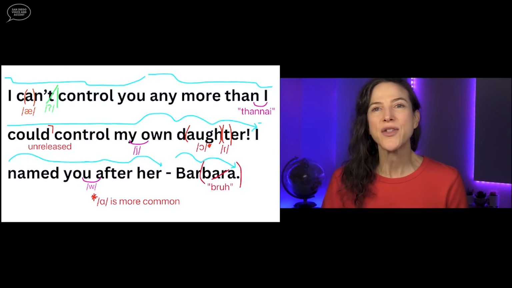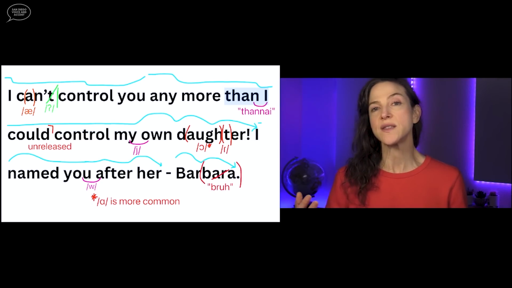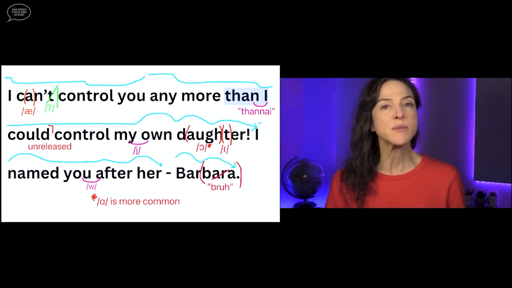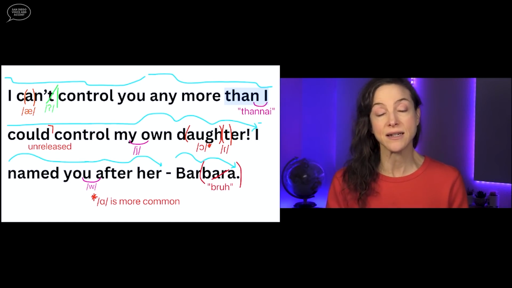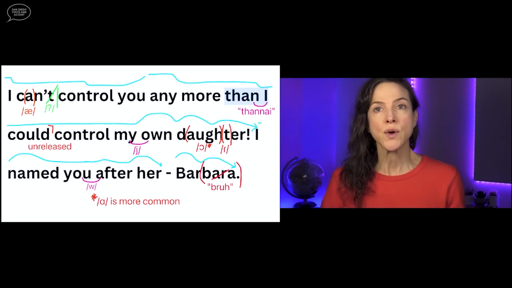So we have another final N to vowel link here that I wanted to point out. This is a consonant to vowel link with the N consonant, and it's a pretty easy link to complete, but I wanted to spell it out for you so you could actually see, oh, this is what's happening. So then I, this is really what it sounds like.